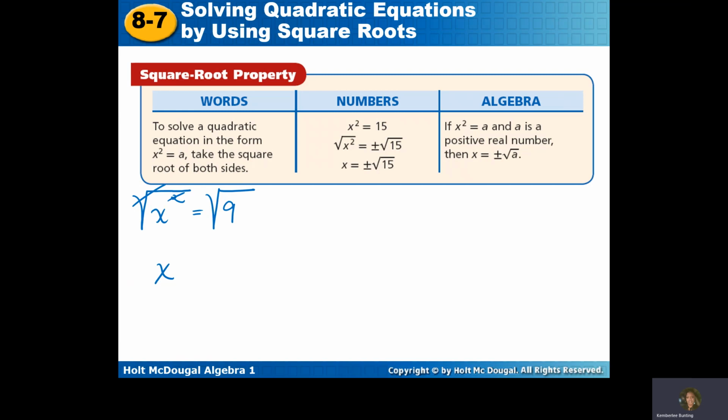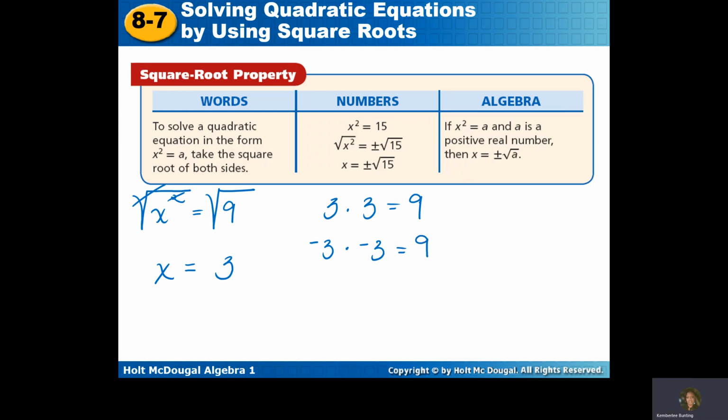All right? Now, everybody knows that the square root of 9 is what? 3, because 3 times 3 equals 9. But young people, please be advised at this time, the answer is not just 3, because just like 3 times 3 is equal to a positive 9, so is negative 3 times negative 3.